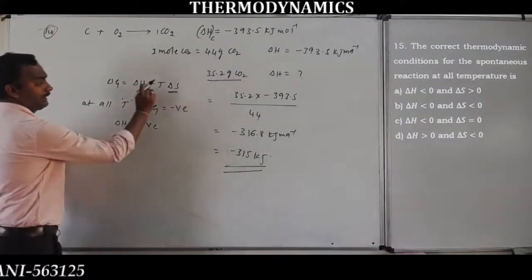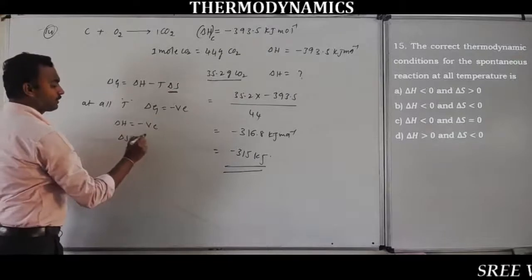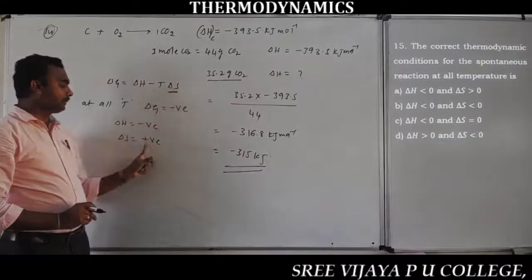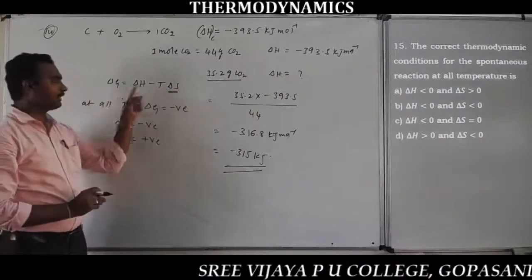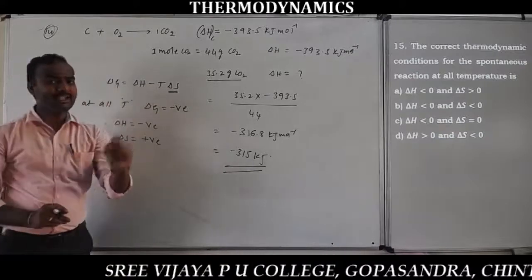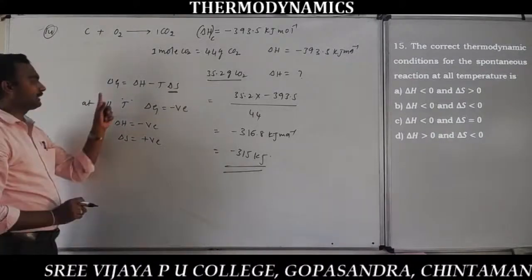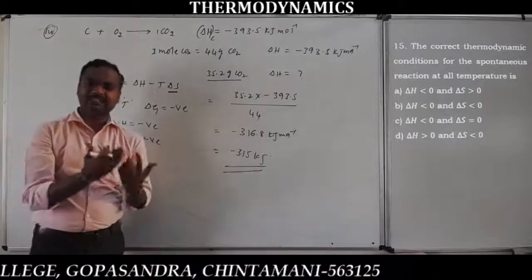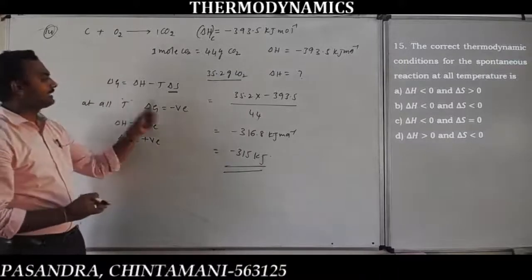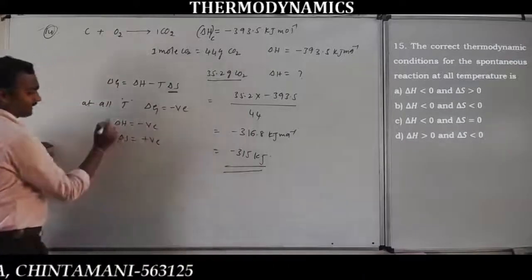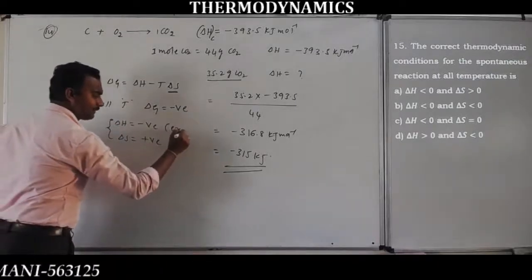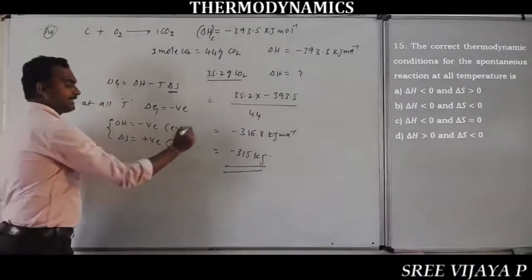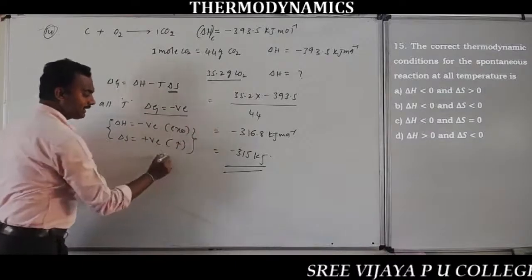Now delta S should be positive, so that the term becomes negative. When we substitute, minus delta H, and minus into T into plus delta S gives minus again. Both terms are on the same side, so delta G is negative. Whatever temperature you take, it may be 298, 310, 320, 440, delta G is definitely negative. In this condition delta H is negative, that is an exothermic reaction, and delta S is positive, that is entropy increases. So delta G is negative at all temperature.